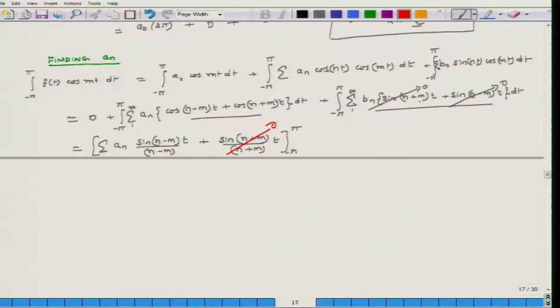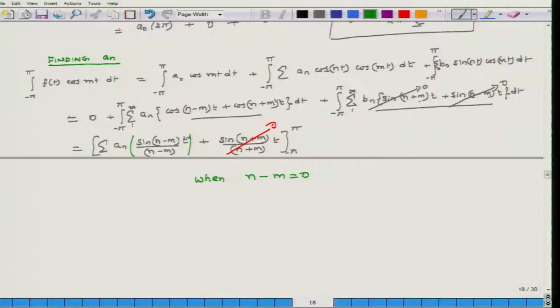Now, look at this first term. This is interesting. When n minus m is not 0, the denominator will be a non-zero number.